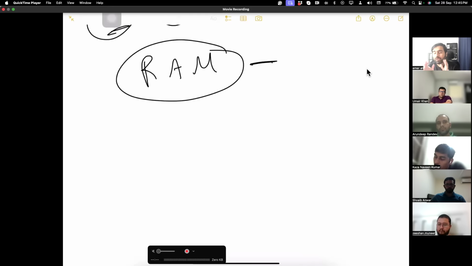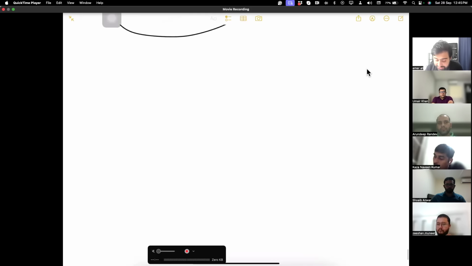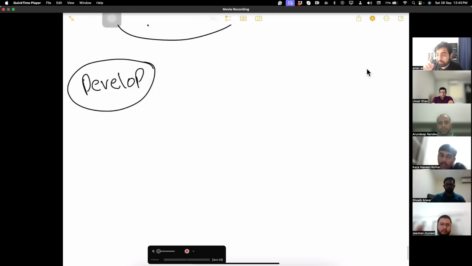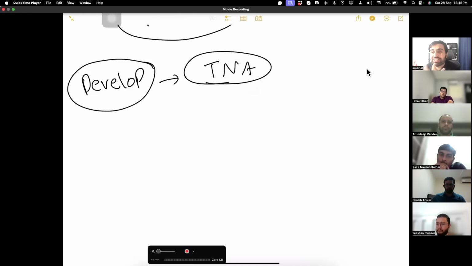Now, once you have acquired the resources, you need to develop them. Part of the resource management plan. Developing means identifying training requirements, training needs analysis. What are the training requirements of the project team? What do they need? You identify training requirements.